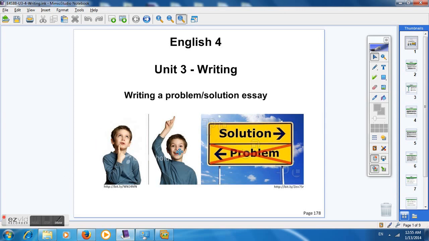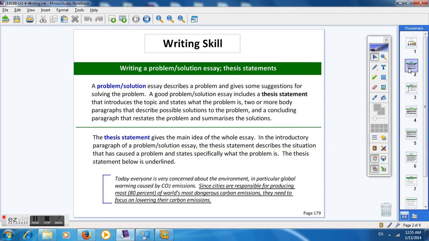So welcome to the lesson proper again. Just to remind you, this is writing a problem solution essay, or a thesis statement. A problem solution essay describes the problem and gives some suggestions for solving the problem.